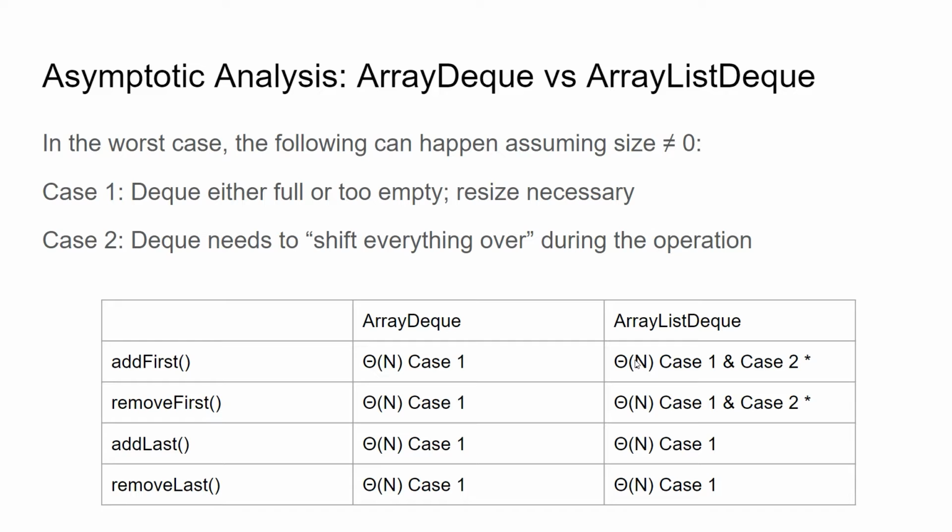So in the worst case, you would be resizing and then shifting everything over, which would be 2 for loops. Although that would also give you a theta of n runtime, that would be arguably a worse theta of n than the ArrayDeque's counterparts.